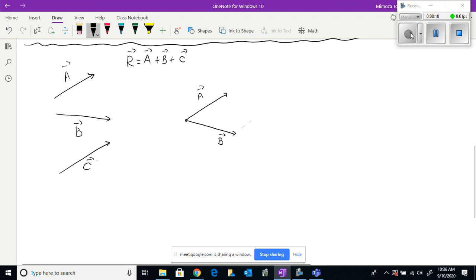We will construct the parallelogram here using those two sides, and then this will be R1, which is A plus B. And then this will be R1, we will add C now. So we will take that R1, and take C at the same point.